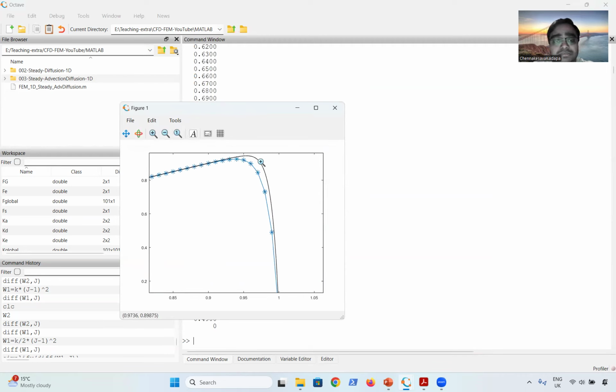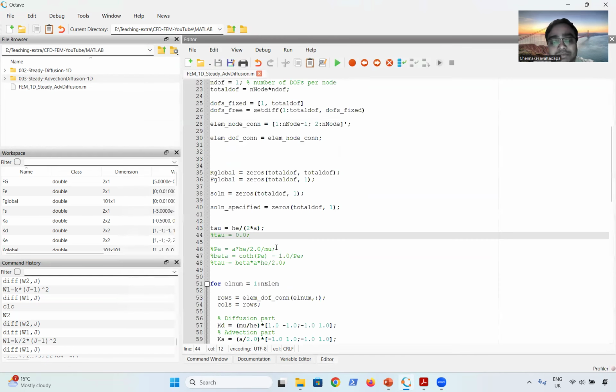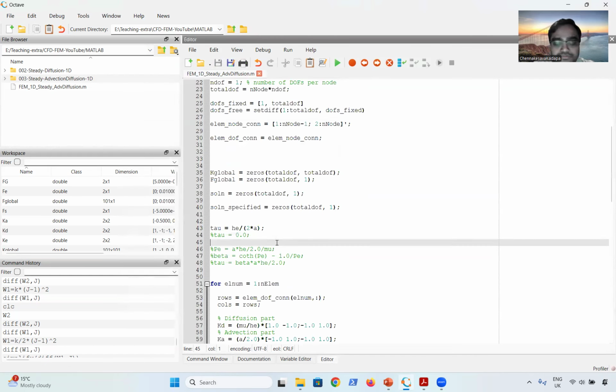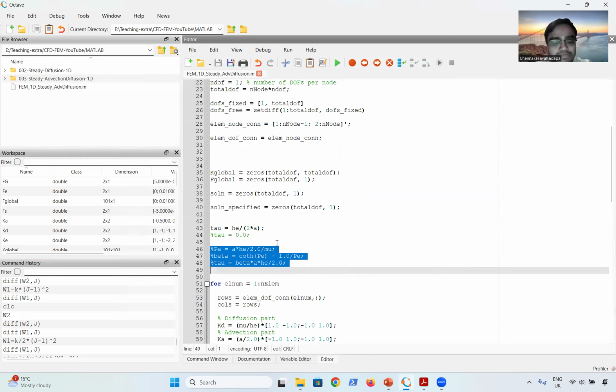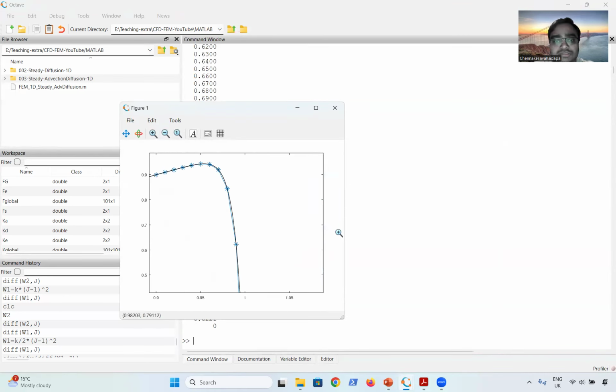No oscillations, but the solution doesn't match. That means the stabilization parameter is not good enough. So we are going to use the optimal version of the stabilization parameter. Now we get a good match: no oscillations and a better result.